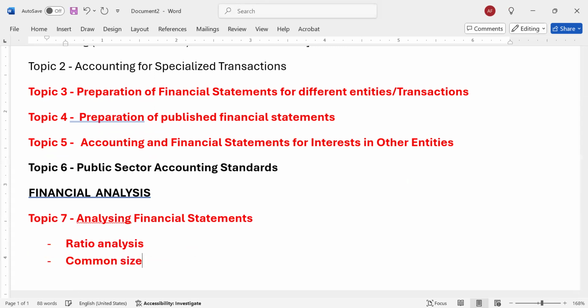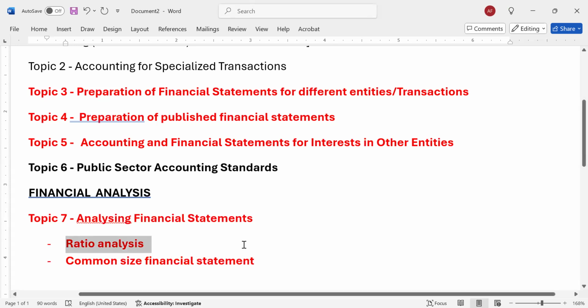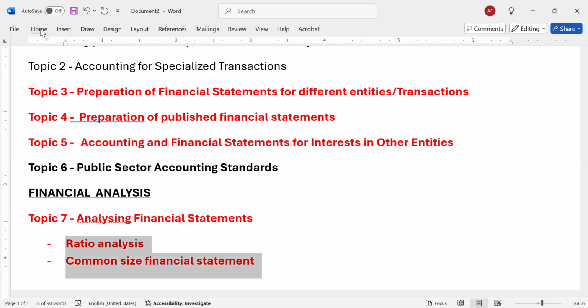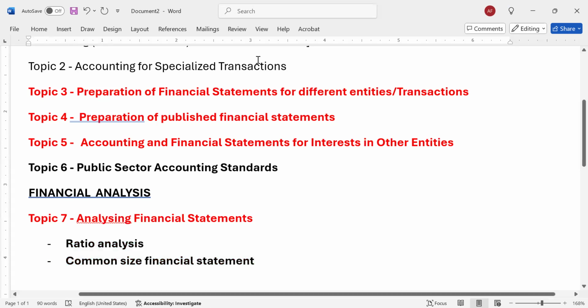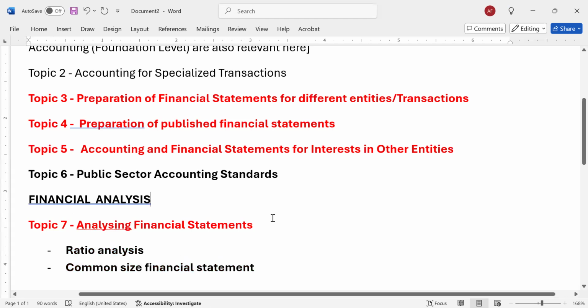These are areas that you should be expected to cover under topic number 7.